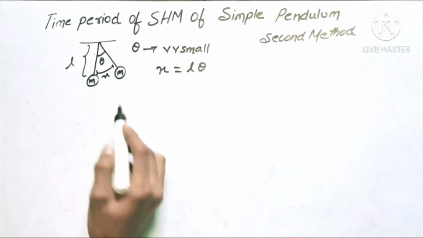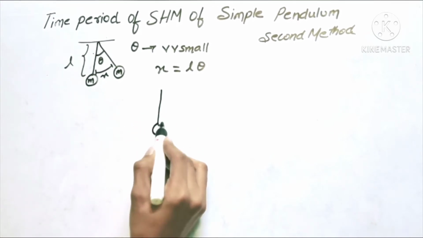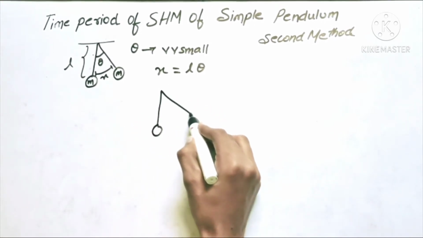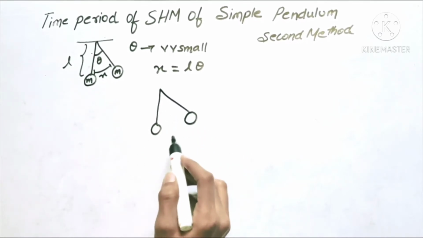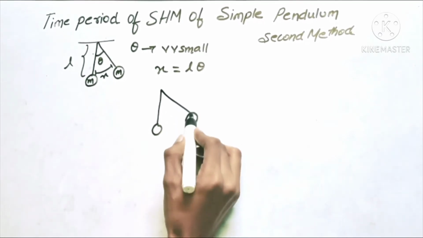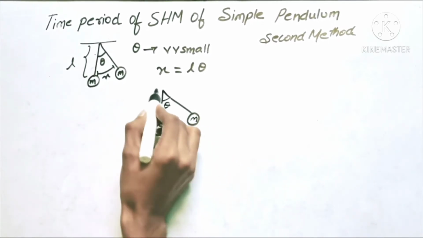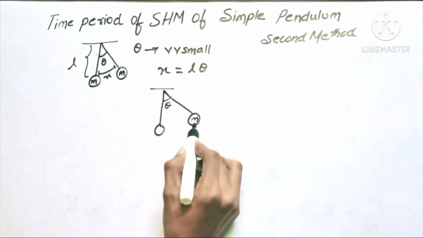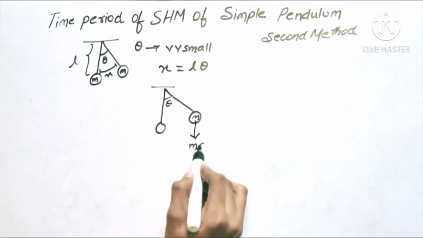So now when we consider this diagram, we have this mass, and we have displaced it a bit. This displacement is very small. I'm drawing it for the convenience of the diagram. So you have this m, this is your theta. You have a force, that is mg, acting downwards.